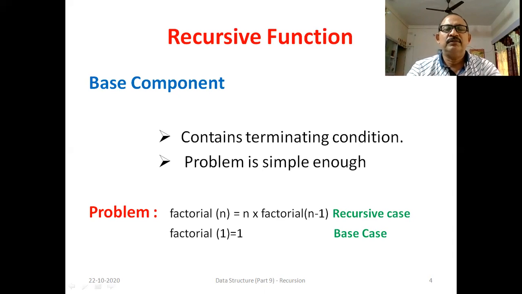Let us take an example of calculating a factorial of a given number. The factorial of 1 is 1. Here we can directly solve this problem. Factorial of 1 is 1. And this is a base case. In a nutshell we can say in base component we write a base case.